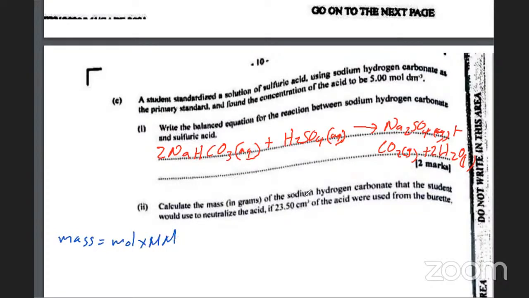But you don't have the mole of sodium hydrogen carbonate. What you have to do is find the mole of sulfuric acid, because you have the concentration and the volume of sulfuric acid. You multiply the two of them, and you will get the number of moles. It's unlikely to come, but I'm just working it.